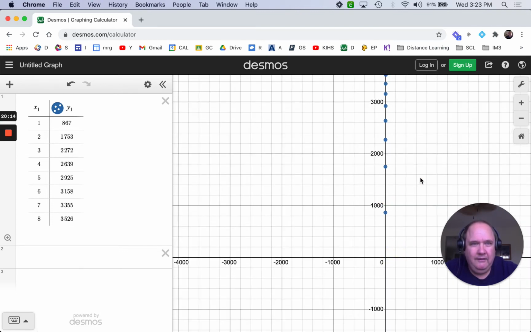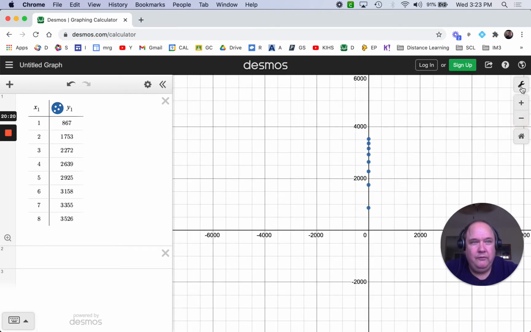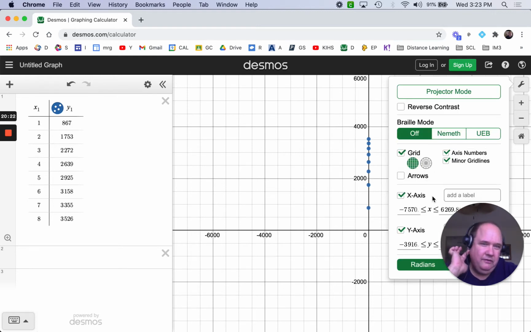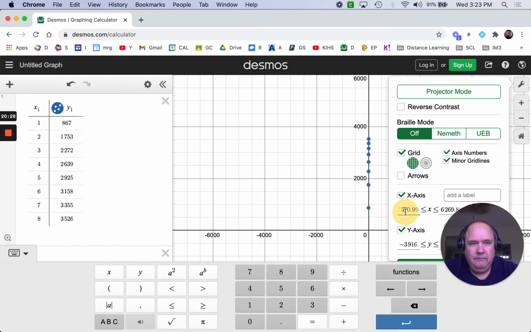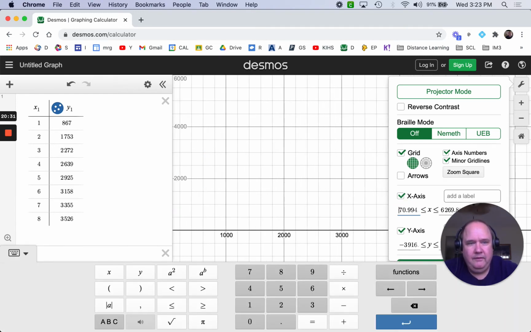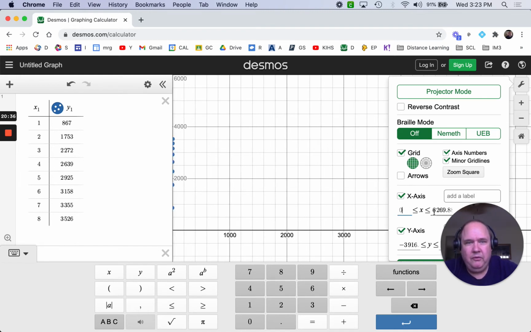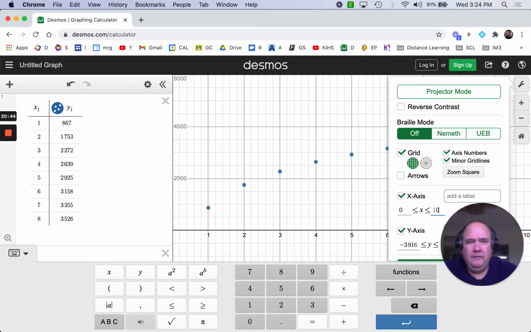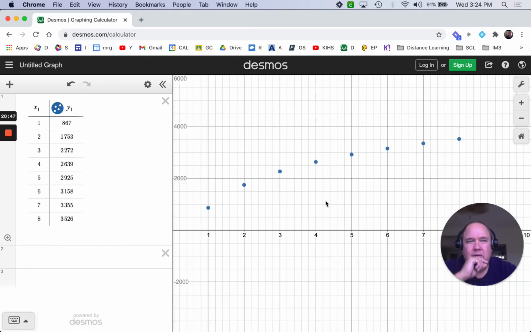So if I change the X, from 0 to 10, you can see it better. You can see those points. We're trying to find a regression that would match those points.